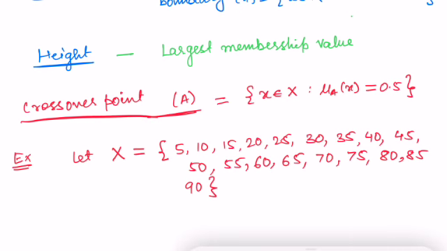Now let us define a fuzzy set. We are defining the fuzzy set as young, and let this fuzzy set A be defined as follows. Students, in the last lecture we showed you how to represent a fuzzy set.